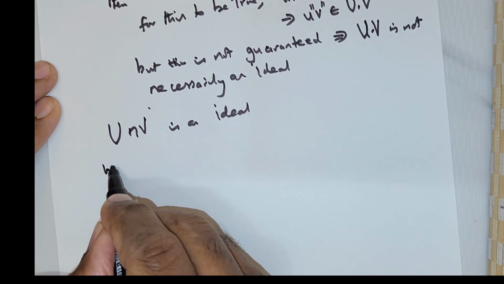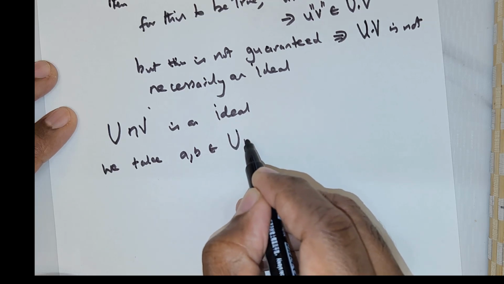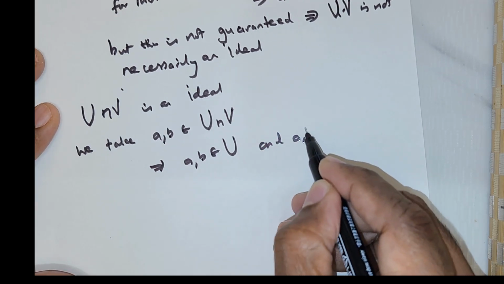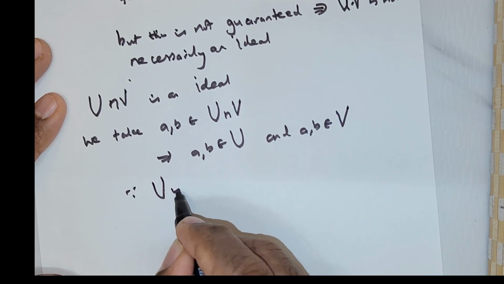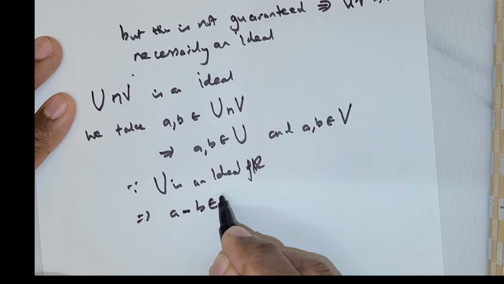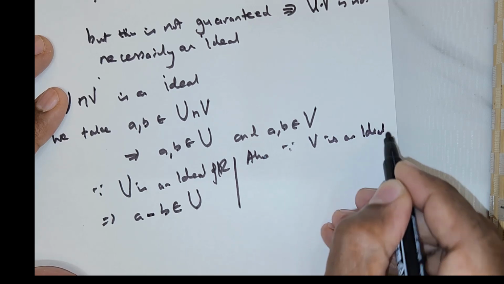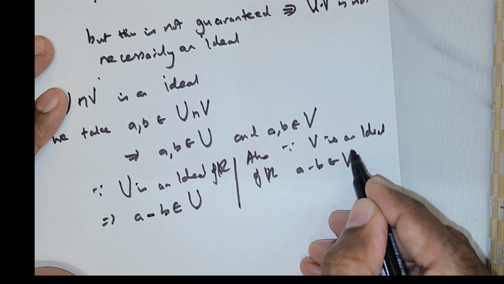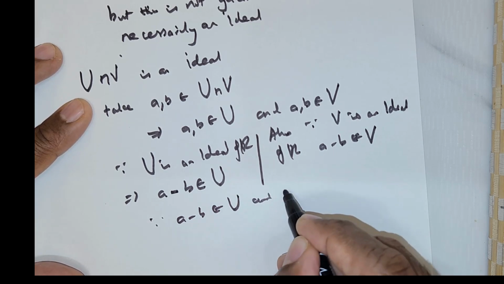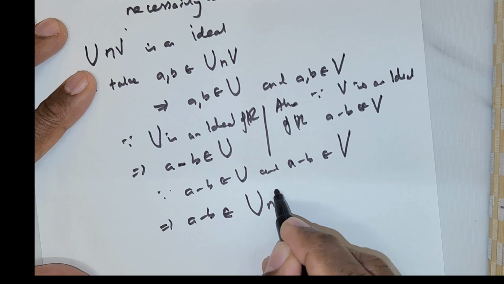So we take two elements, say a, b element of U intersecting V. So this means a, b element of U and a, b element of V. Now since U is an ideal of R, this means a minus b will be an element of U. Also since V is an ideal of R, a minus b is an element of V. Okay, now since a minus b is an element of U and a minus b is an element of V, this means a minus b is also going to be an element of U intersecting V.